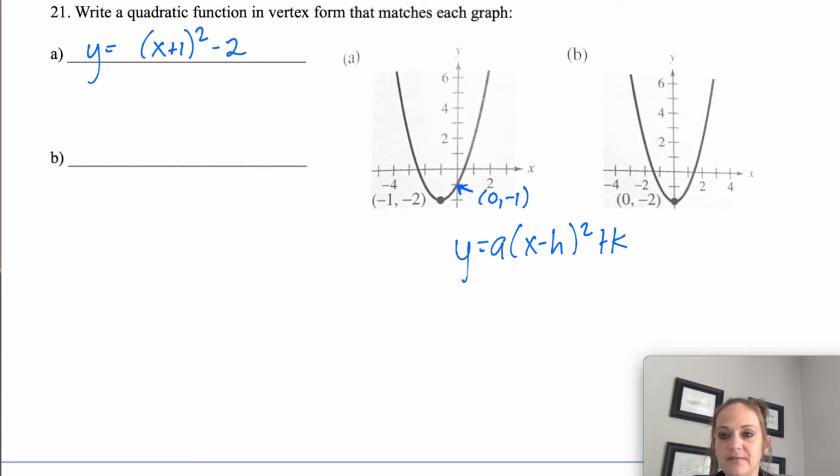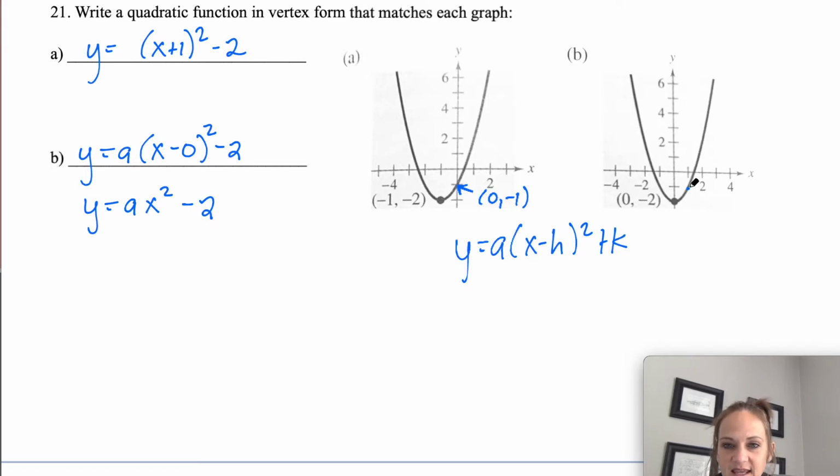For part B, we are going to have y equals a times x. Now in this case, the vertex is 0, so x minus 0 squared, and then minus 2. Now x minus 0 is just going to be x squared minus 2. Now I think this point right here, which is (1, -1), is also on the graph.